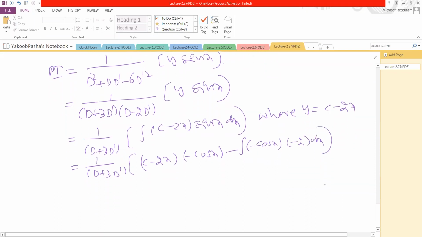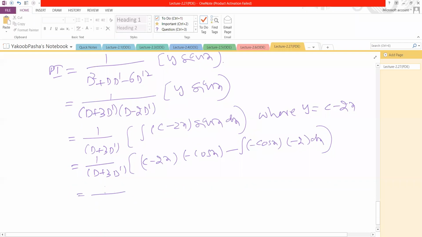So this is equal to 1 by D plus 3D dash of this. C minus 2x is nothing but y, cos x is there, so writing minus previous y. So here minus 3 minus are there, so minus 2 into integration of cos x is sin x.